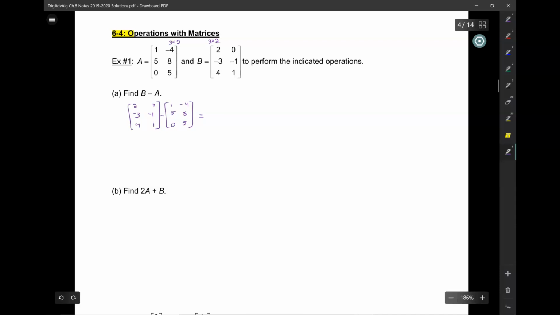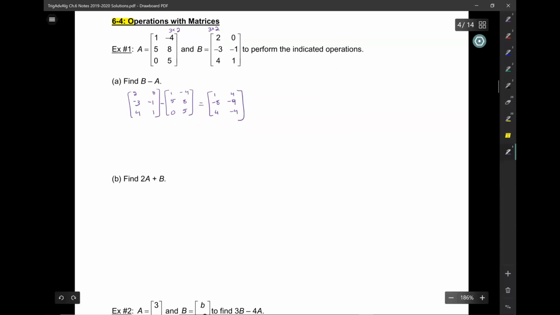We're actually going to subtract these. So we're going to do 2 minus 1, 0 minus negative 4, positive 4, negative 3 minus 5, negative 1 minus 8, 4, and 1 minus 5 is negative 4. And that's it.